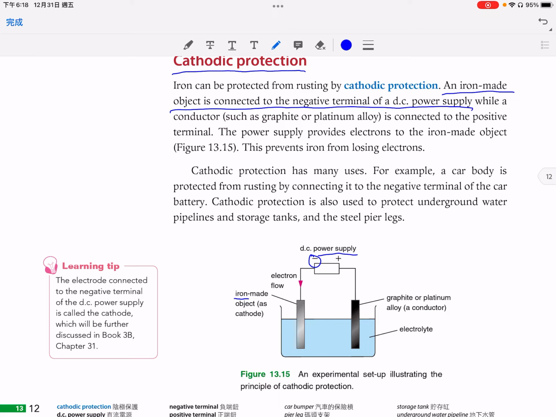It is because the negative terminal of a battery will give out the electrons. Therefore, in such a circuit, the iron-made object will be the cathode of the whole setup.